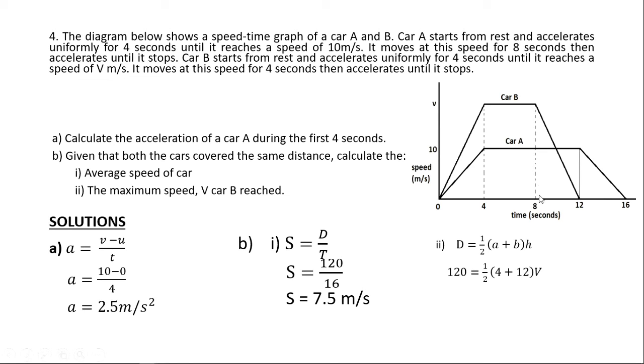Our V, we don't know what our height is, so we'll place a V. So if you add 4 plus 12, you get a 16. Multiply half times 16, you get 8. So we have 8V equal to 120. To find the value of V, we'll have to divide both sides by 8. Our V will be equal to 15 meters per second. As simple as that.